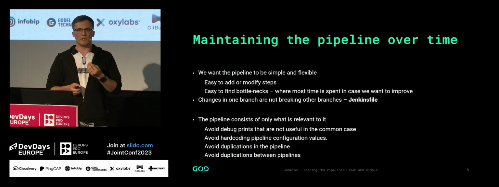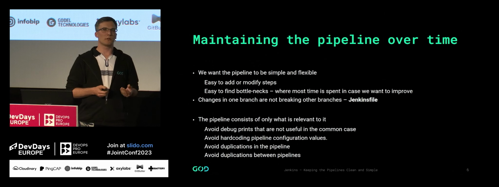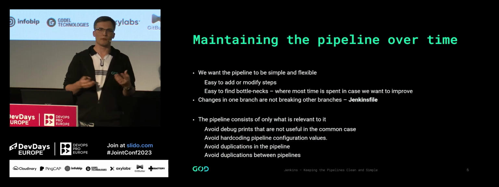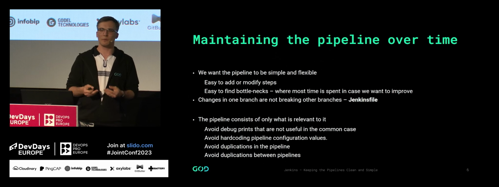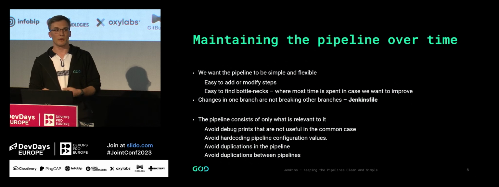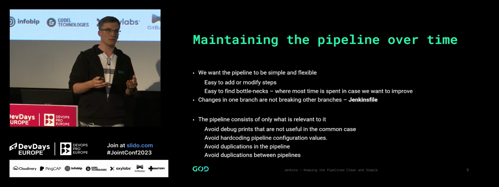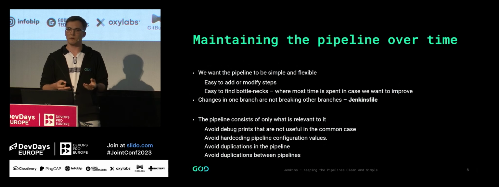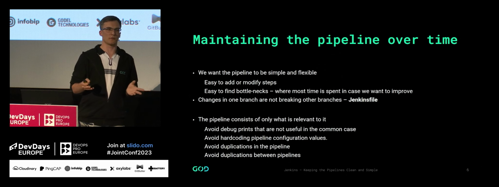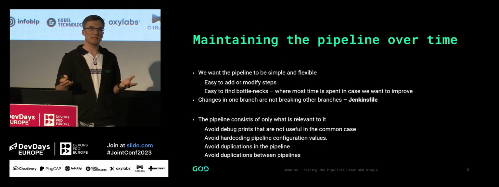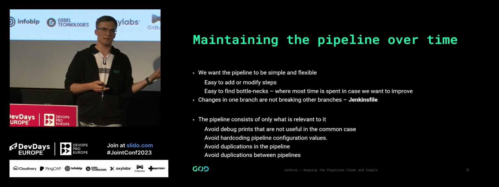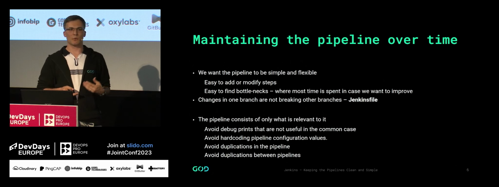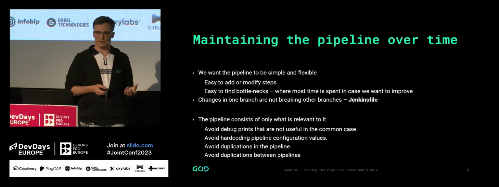Also, it will help you to find the current bottlenecks in your code. You will always have bottlenecks somewhere, but you want to have them in the place you want to have them. If your compilation takes most of the time of your pipeline, probably something is wrong. Maybe you just don't have enough tests, but maybe you can optimize the compilation, and when you order those phases in an appropriate way, it will be easy for you to see it.